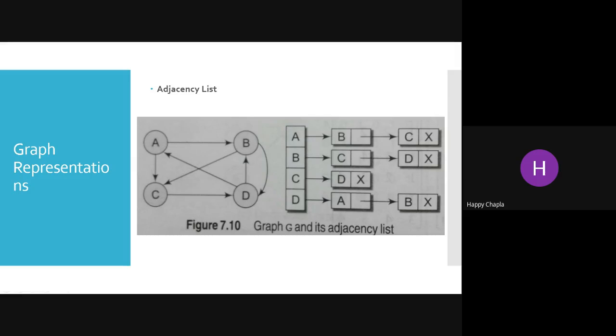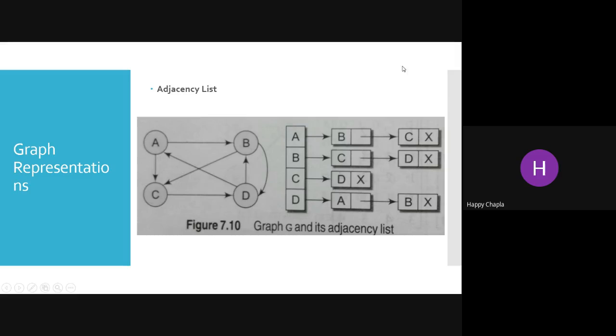Now what is the adjacent node of D? For D, we have adjacent nodes like A and B because we have a direction from D to B and D to A. So that is known as your adjacent nodes.